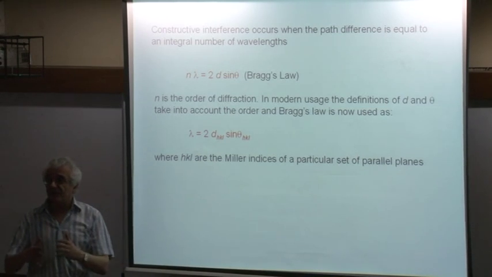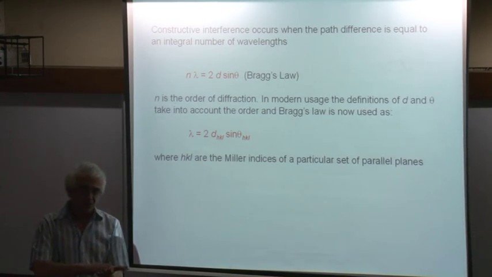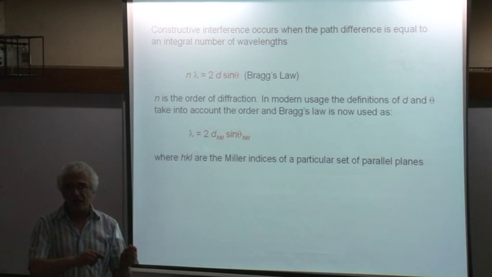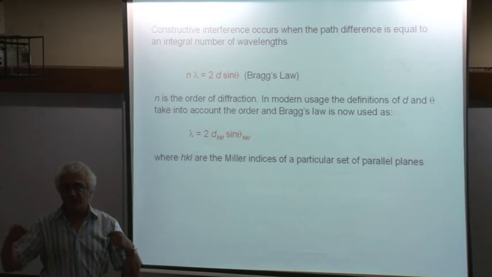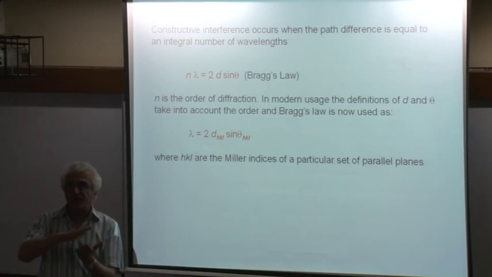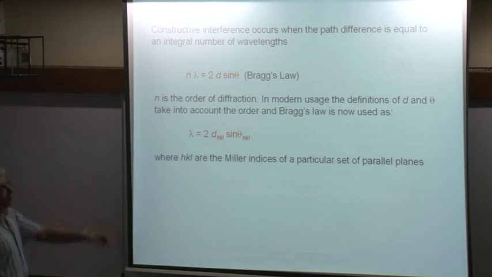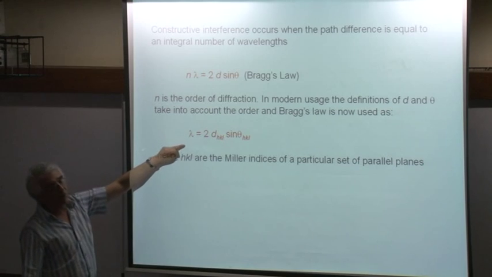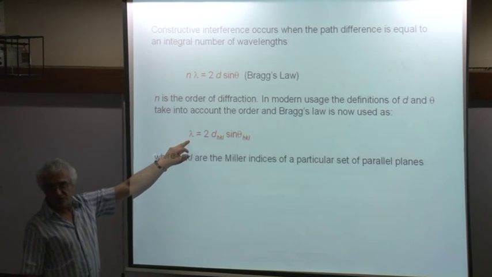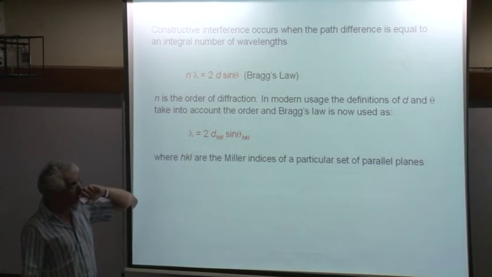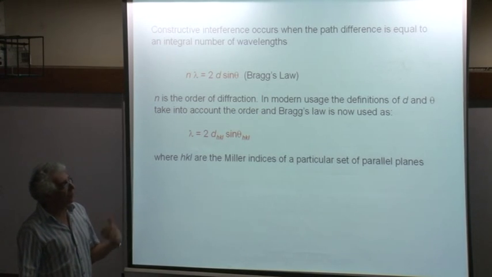The Miller indices correspond to the index along the A, B, and C axes of the cell, telling us which particular plane of atoms you are talking about. And so now, this, if you like, is the modern form of Bragg's law, and one in which we use relatively easily.